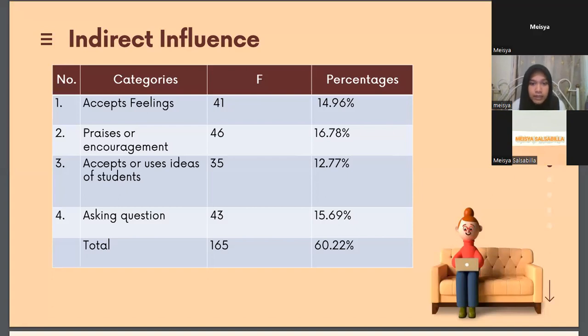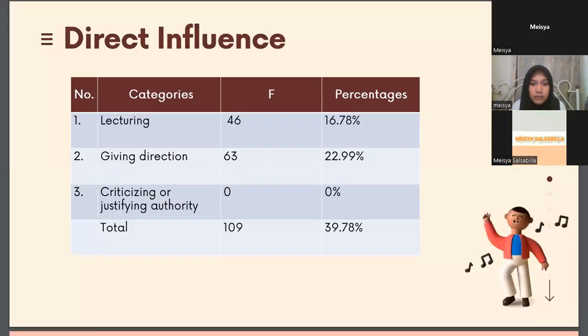And the next is the direct influence. On the next slides, you can see that same, the categories, frequency, and percentages.